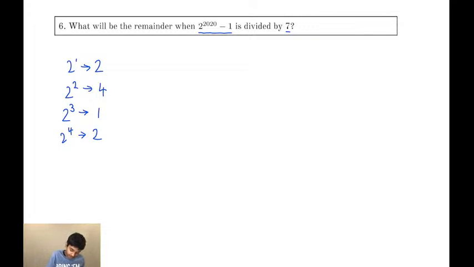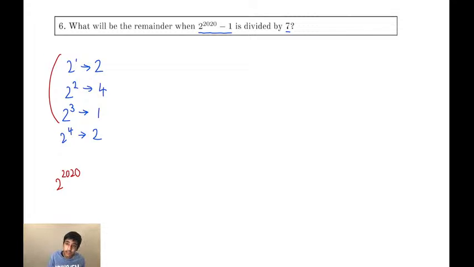So 2 to the 20, well, 20 leaves a remainder of 1 when divided by 3. As you can see here, every 3 powers of 2, we cycle. So 2, 4, 1, 2, 4, 1, and so on.